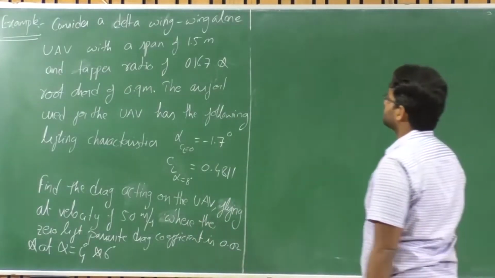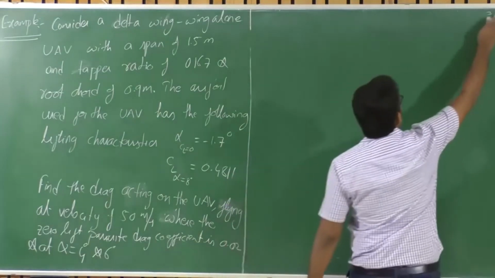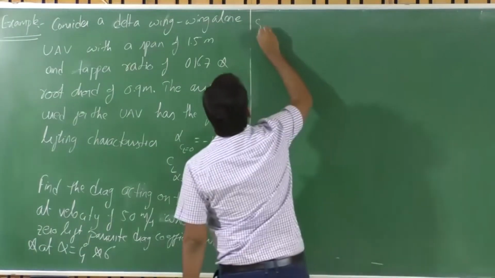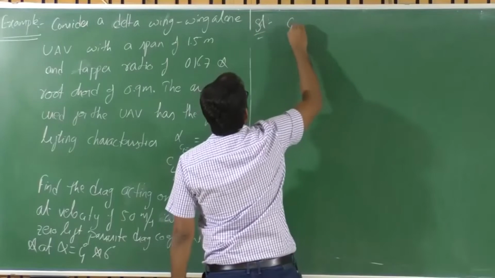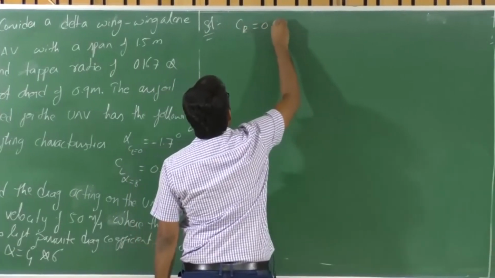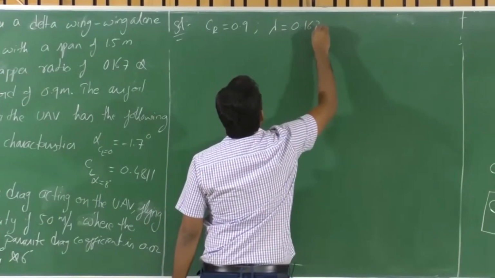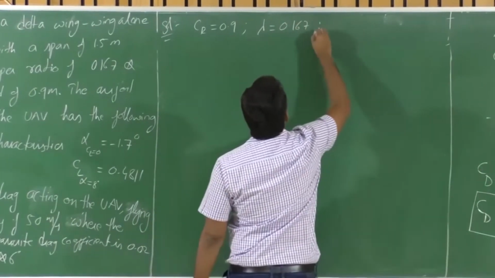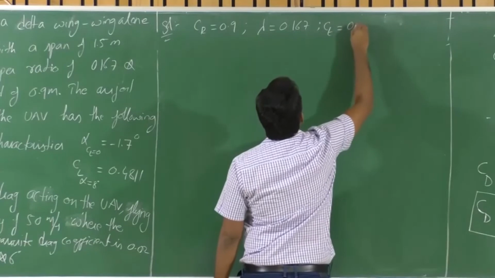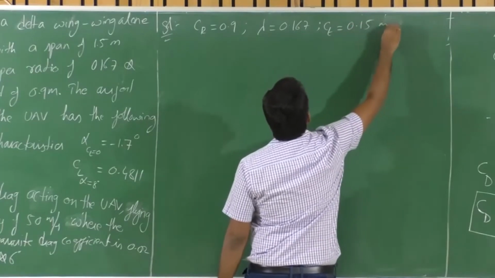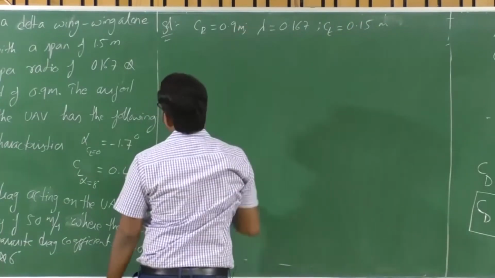So how to proceed with this? What we got to know from the given data is CR is 0.9, lambda is 0.1667, and CT will be approximately 0.15 meters.